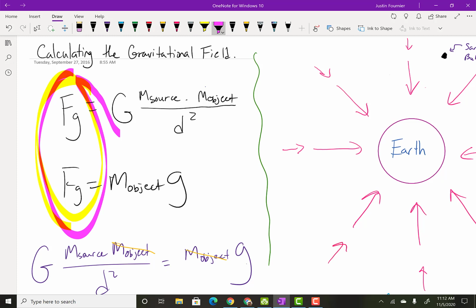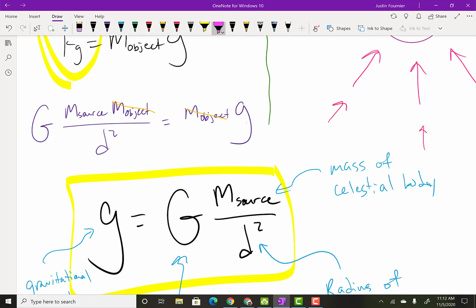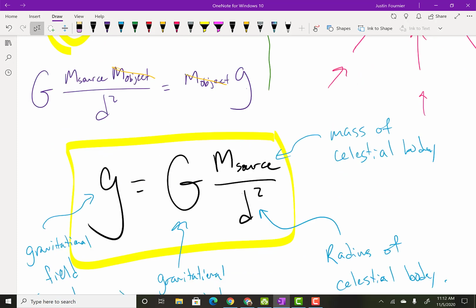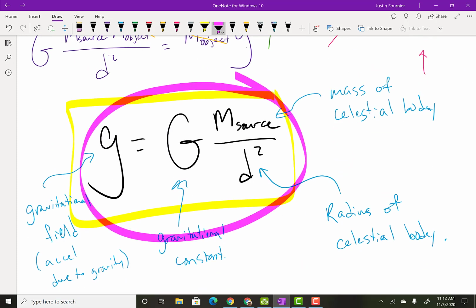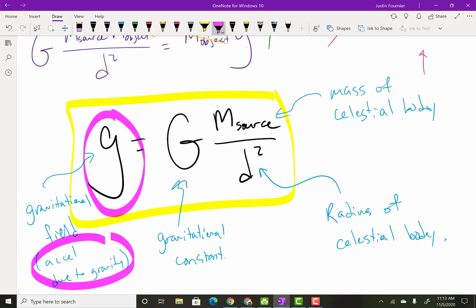And if we set those two equal to each other, because they're both equal to Fg, that's going to give us some more information: the mass of the object cancels out, and we get basically this equation as a result. So you've got baby g, that's the gravitational field, or the acceleration due to gravity.